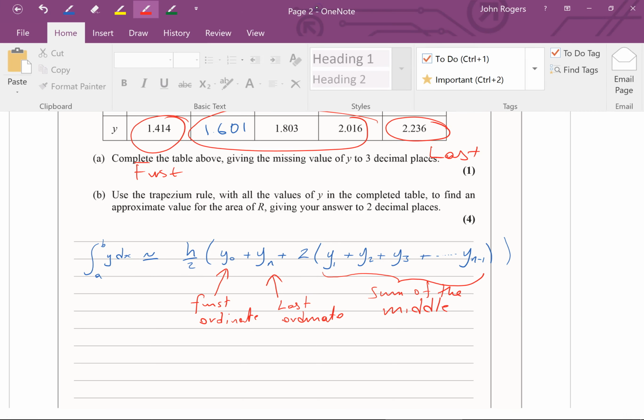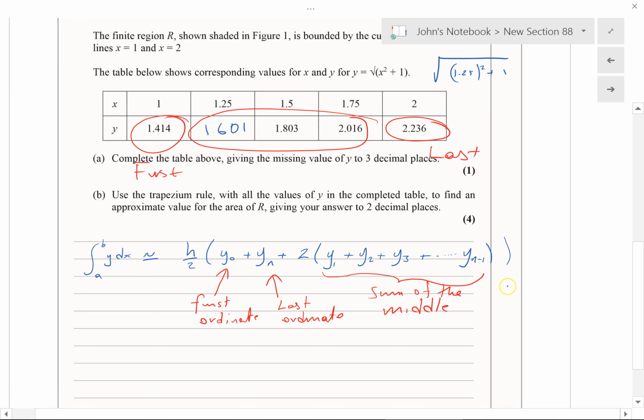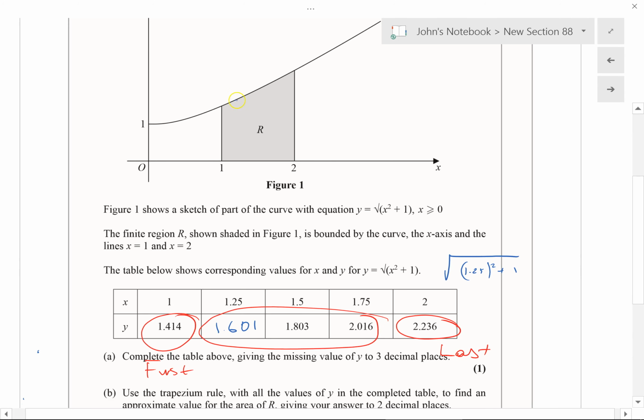You'll also see in the formula book, it gives a formula which we need to use for the h. Now remember, going back to the diagram here, this is being split into actually 4 different trapeziums.